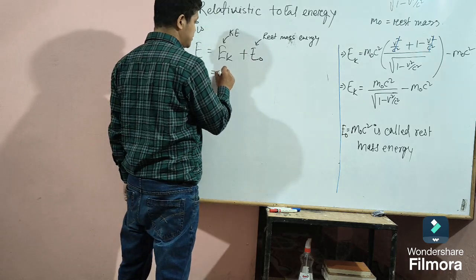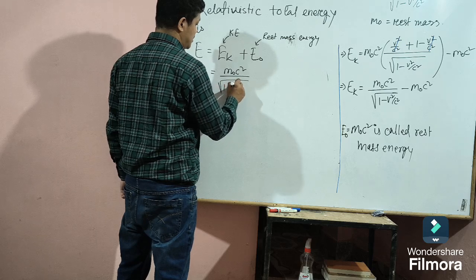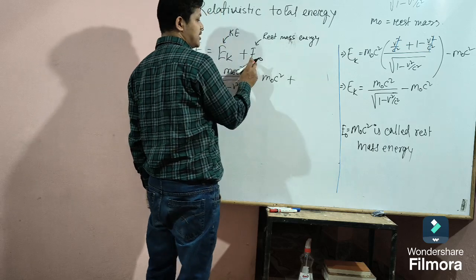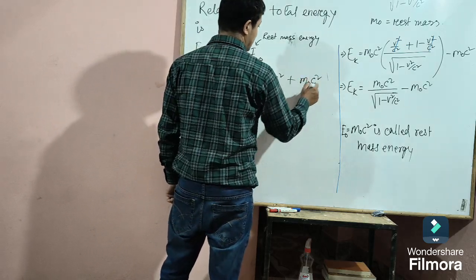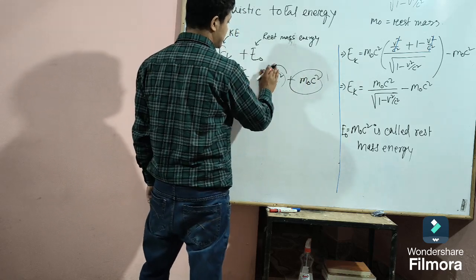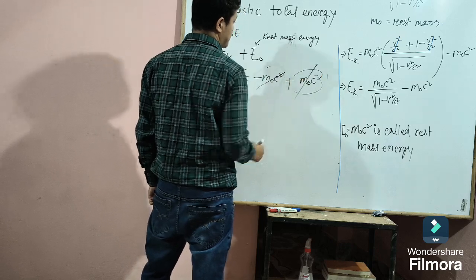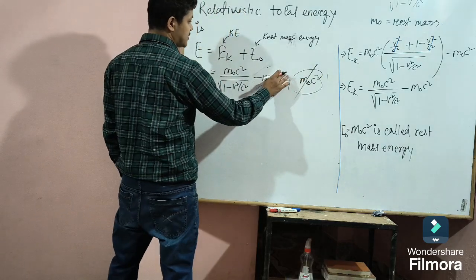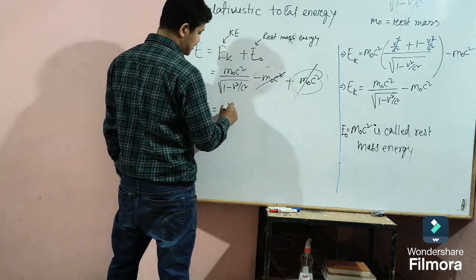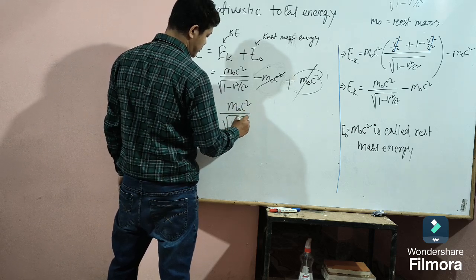So if we add these two, that is m naught c square by root over 1 minus v square by c square minus m naught c square plus the rest mass energy m naught c square. So here minus m naught c square plus m naught c square, these two cancel, right? And so we end up getting m naught c square by root over 1 minus v square by c square.